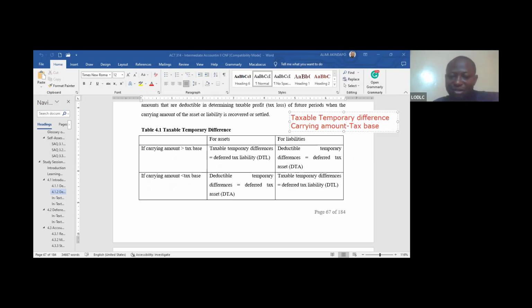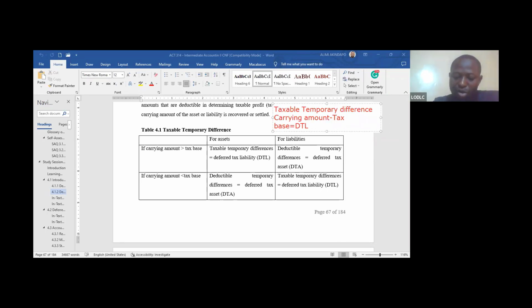If our carrying amount is greater than the tax base, we have what is referred to as a deferred tax liability, under the asset side.